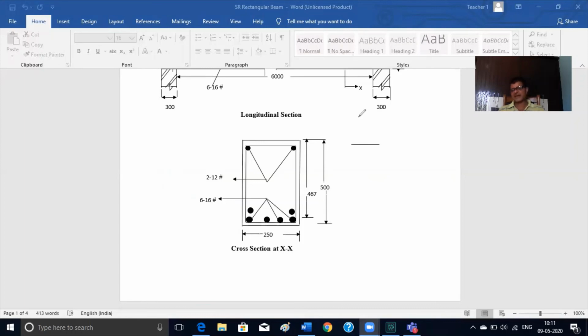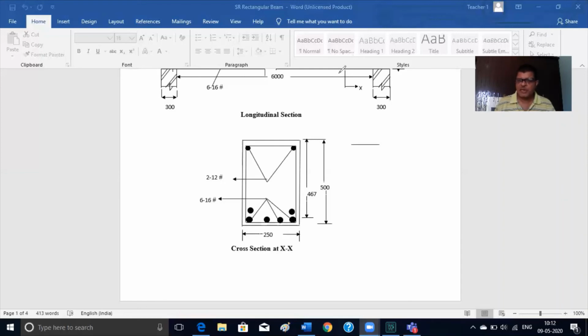Then first find the effective depth, then effective length, then your load calculations, then maximum bending moment and maximum shear, then design for flexure, design for shear, check for development length, and check for deflection. So these are the gist or the steps of the design of a single reinforced beam section.